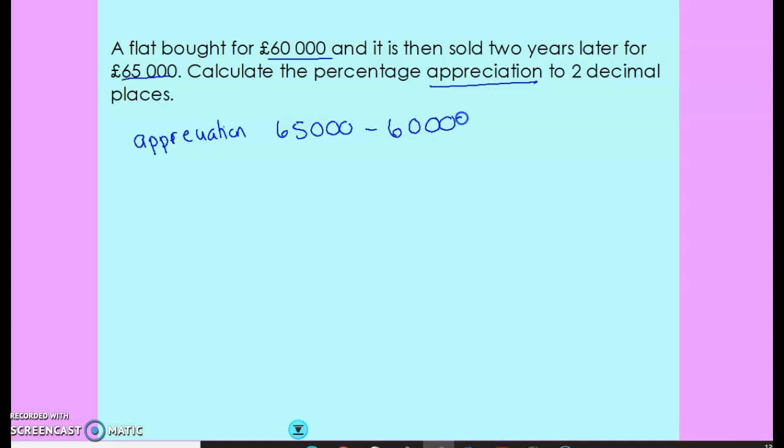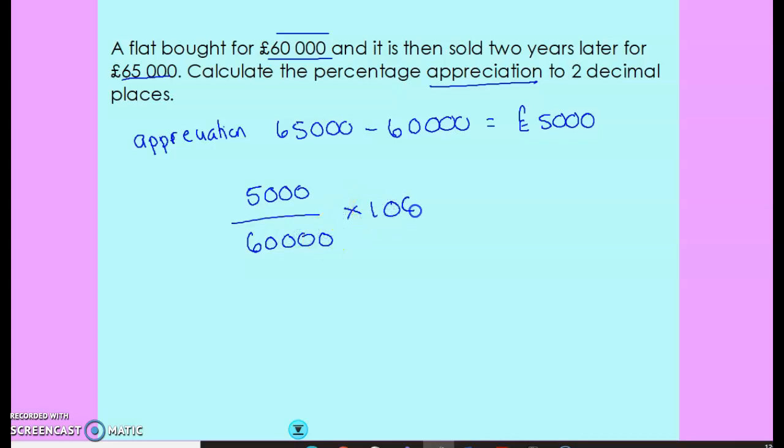It was originally worth 60,000, so it has appreciated by £5,000. I'm going to then divide it by the original. The original is my 60,000. I'm going to do 5,000 divided by 60,000, and to get it into a percentage, times by 100.